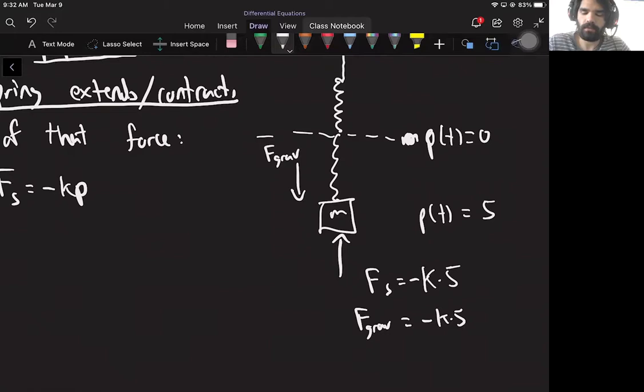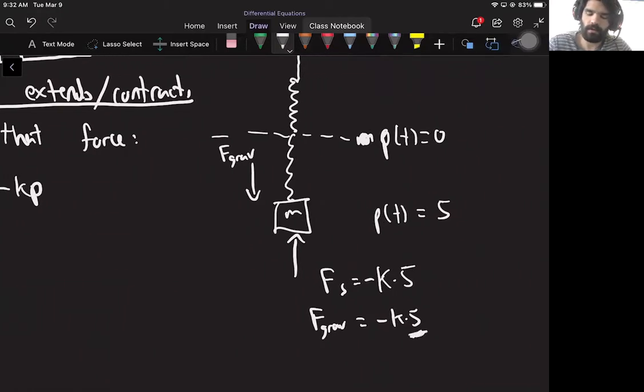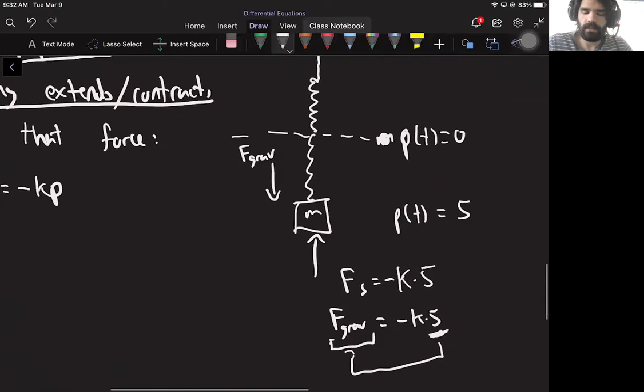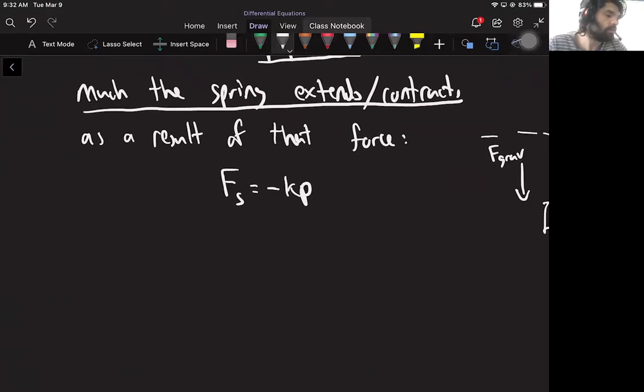And this will allow us to solve for K based on how far it extends corresponding to that force that's pushing it down. Okay, so don't worry too much about that. We'll see examples and it won't be so bad. It sort of seems like the hardest part of these problems at first.